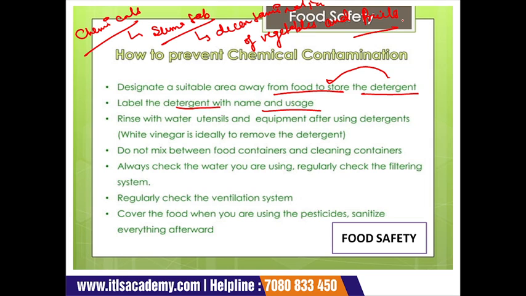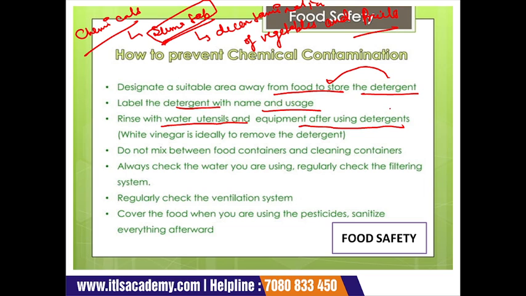Decontamination of vegetables and fruits. Now what happens? We have to label this soda tab and their uses, and some other material also. Rinse utensils and equipment with water after using detergent.